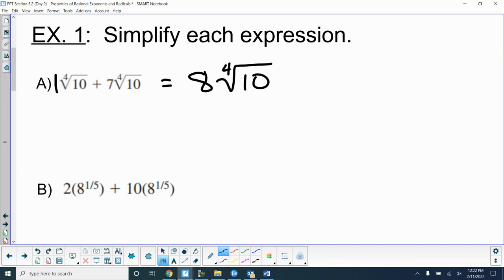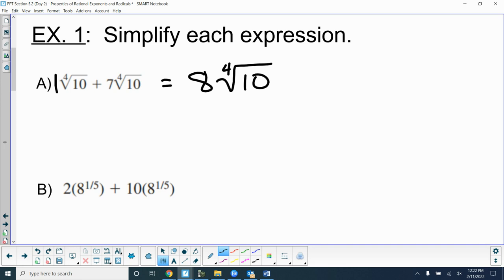The 4th root of 10 part has to be the same for both in order for me to be able to do that. Okay? They have to be like radicals. That means same index, same number underneath.